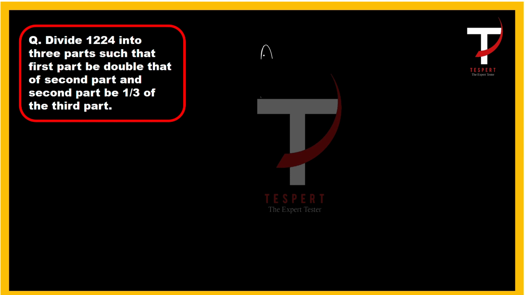A is to B is to C. The first part must be double that of the second part. So if B is, let's say, x, then A must be double that of B. So A must be 2x, right?